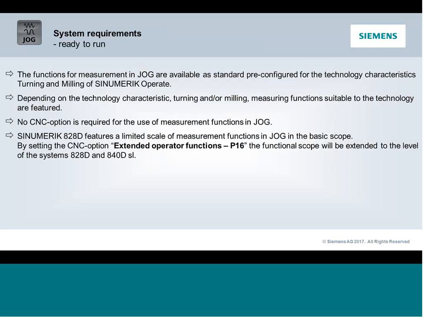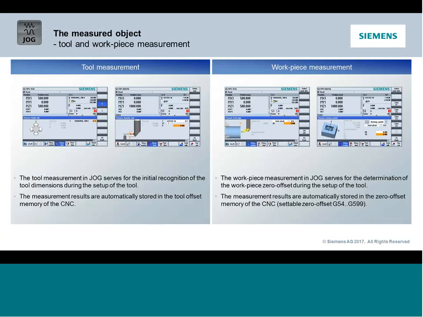So if you want to have the full library of measuring cycles that you would get in an 840 in the jog environment, you do need the option we call extended operator functions, and that's our P16 option. So just be aware, maybe if you're bouncing between 828s and 840s and you're seeing a difference in availability of cycles, it's most likely because of this option. You can add the option to have the same amount of functionality in an 828 as you have in an 840.